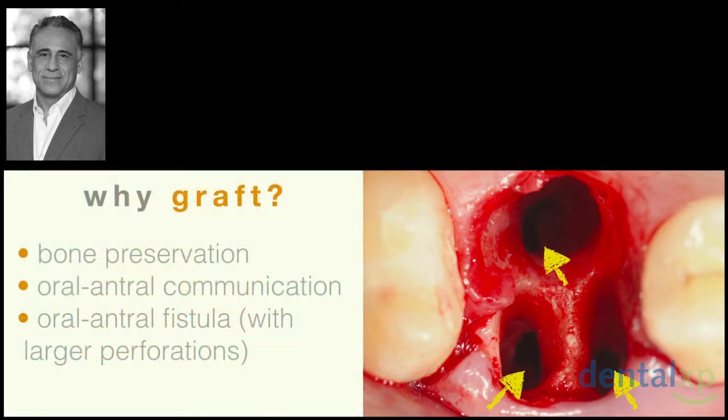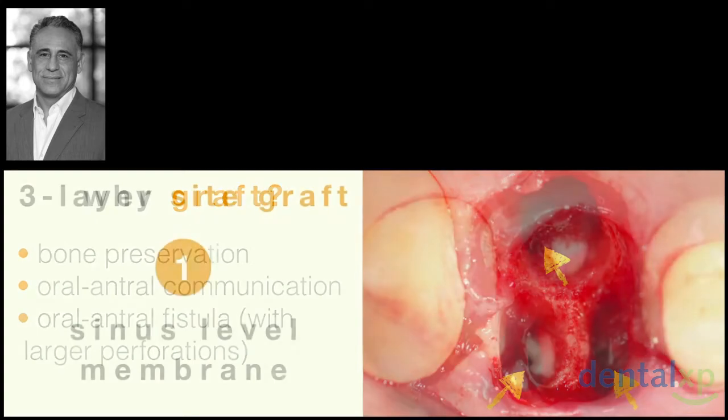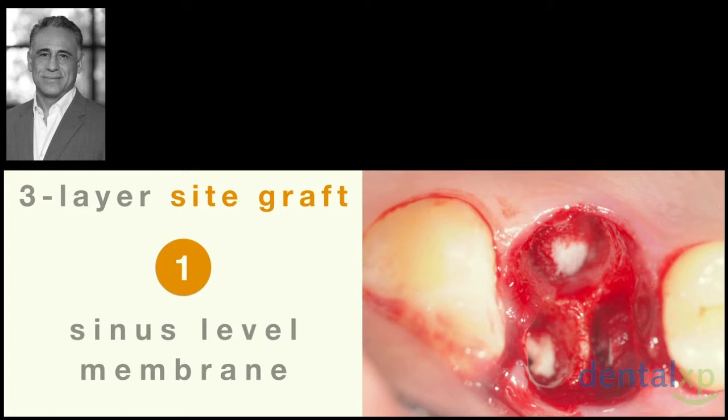Why graft it? I think there are 3 good reasons to consider grafting. Certainly bone preservation, certainly to prevent the oral-antral communication, but also if there's a larger perforation, we can minimize formation of OAF, oral-antral fistula. So these are all good reasons to graft it. How do we do this? It's a concept called the 3-layer site graft.